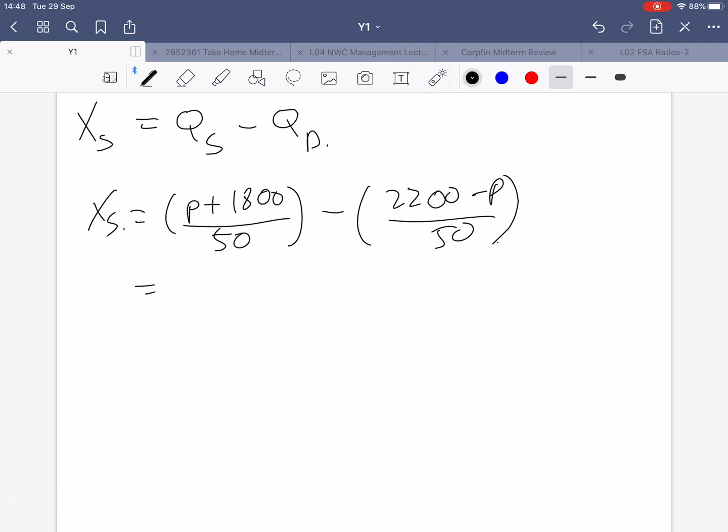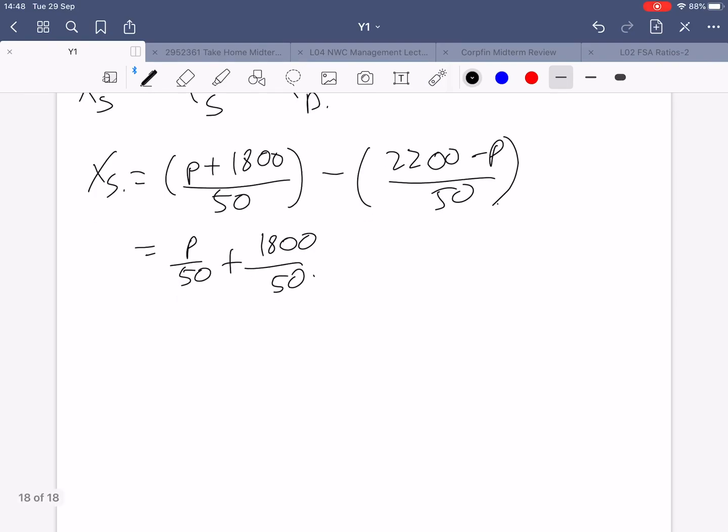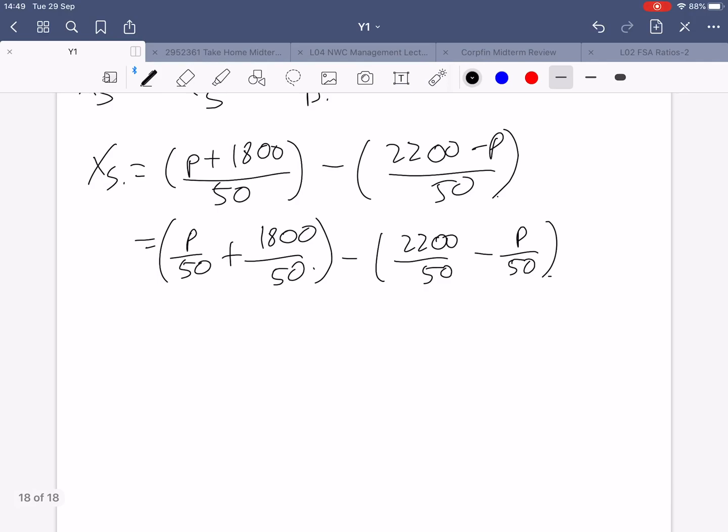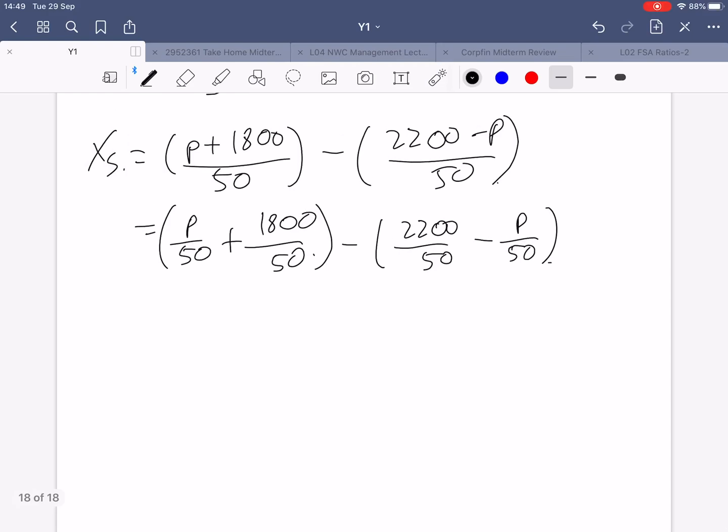So it is going to be P over 50 plus 1800 over 50 minus 2200 over 50 plus P over 50.